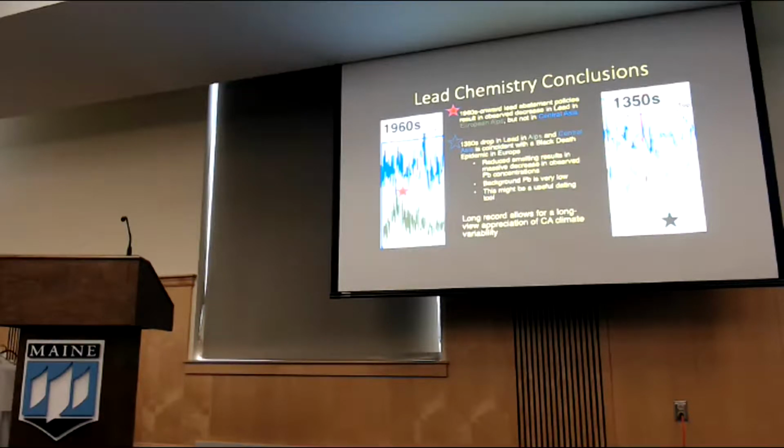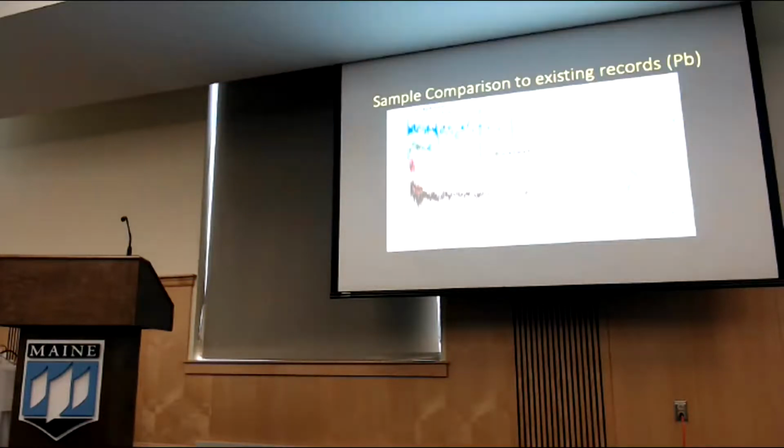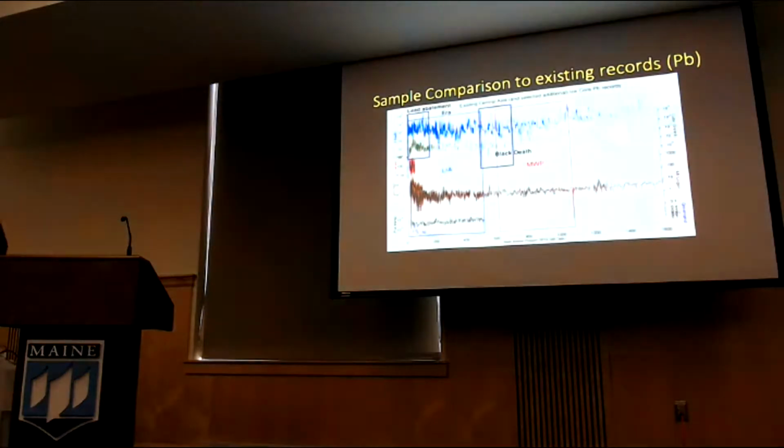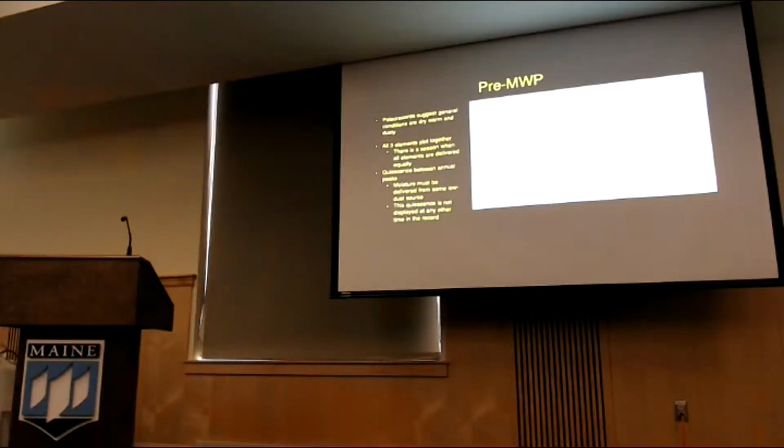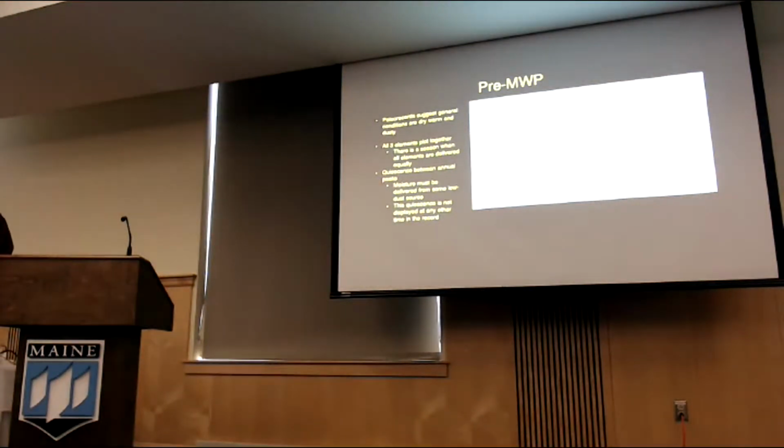Okay. Thank you. It's relevant to point out that curve is a logarithmic scale. If you go to the one that shows the full length of the core, it's an incredible decrease. It's several orders of magnitude decrease in the amount of lead that was delivered. I should say these are all logarithmic scale, and the dust here is also logarithmic scale.